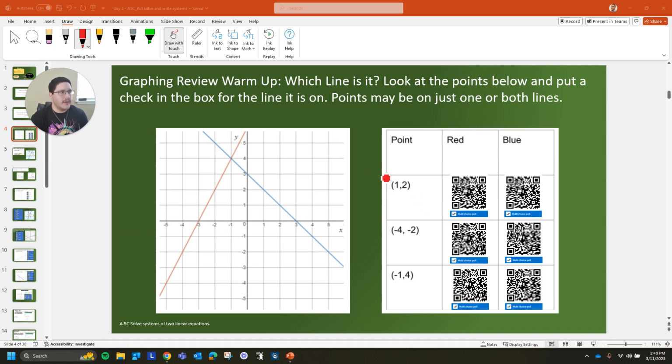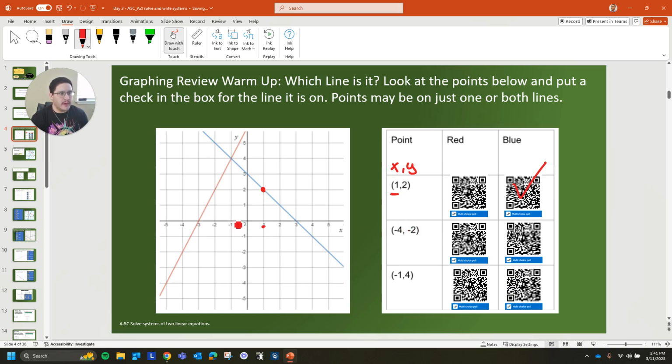Okay, (1, 2). The way we read these points is x, y. Therefore, the x value is 1, and the y value is 2, which means that this lands on the blue line. (-4, -2). Again, x, y.